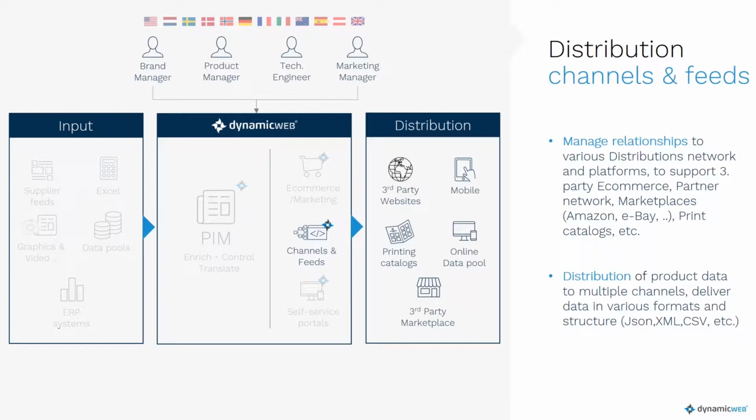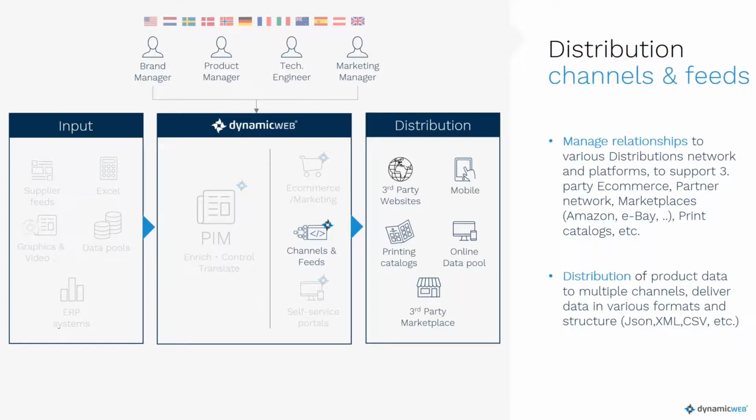Otherwise, if you want to connect to another e-commerce or to other platforms with the product data that have been approved and maintained in Dynamicweb PIM, then you can assign them to a channel, and the channel will take control of how to distribute and how to organize the data that should go to the specific distribution channels.